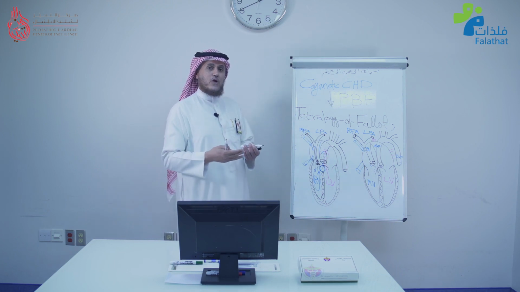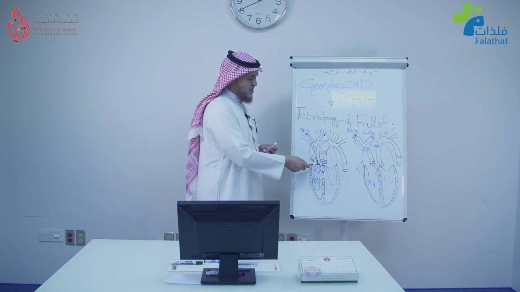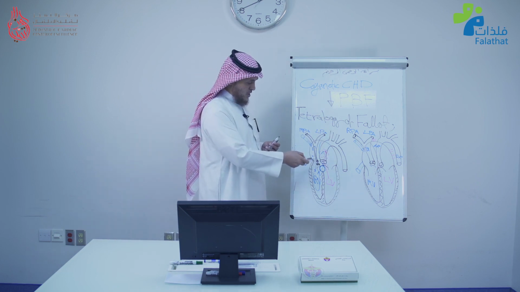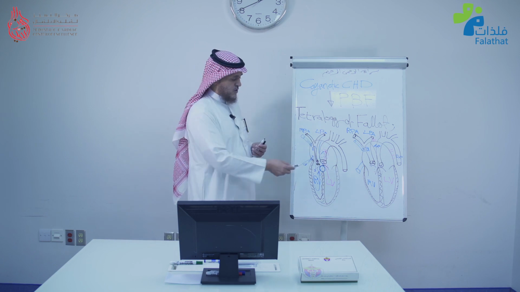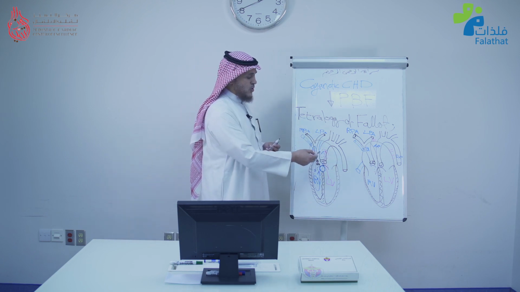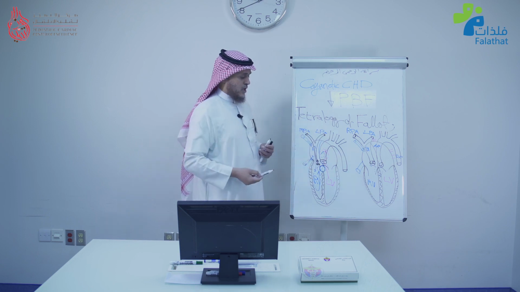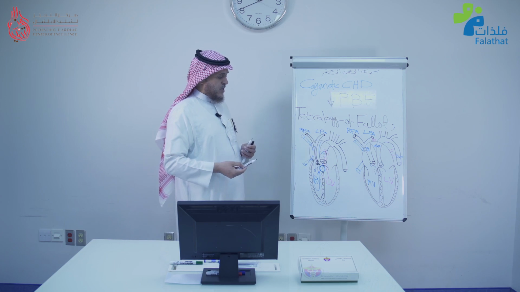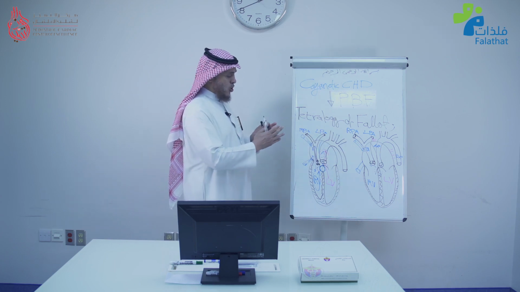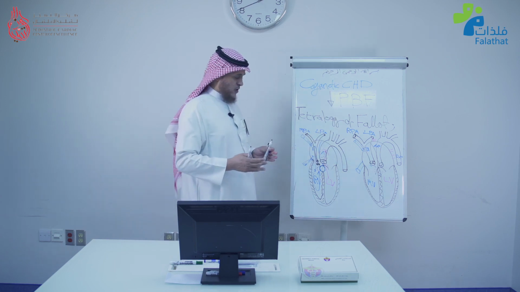But as they grow up and as the muscle becomes more hypertrophied, they will show the cyanosis more, because the right to left shunt will become more, because the blood will find it much less easy to go through the pulmonary artery. So this is the hallmark of Tetralogy of Fallot.